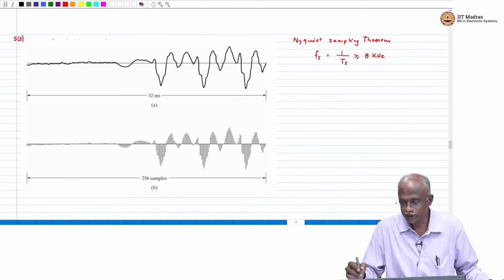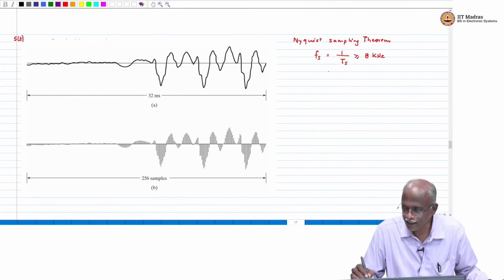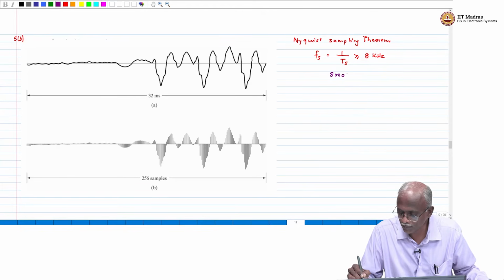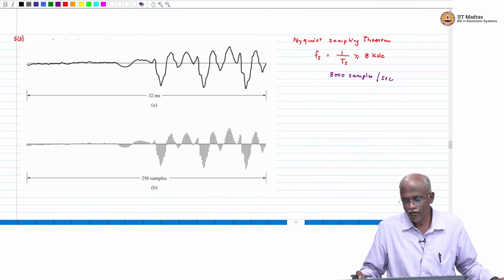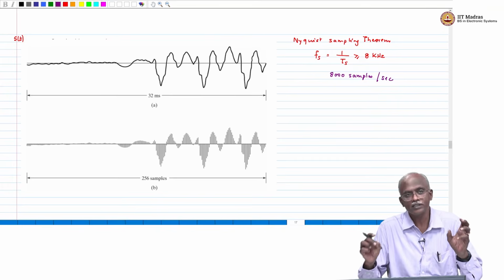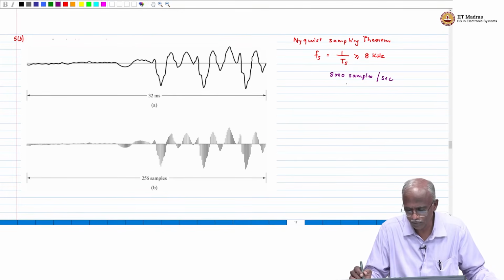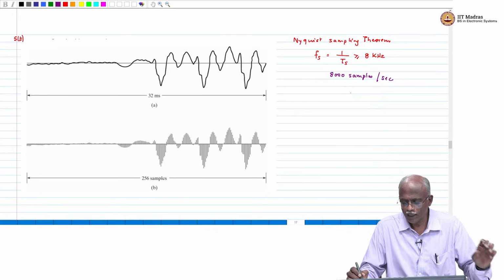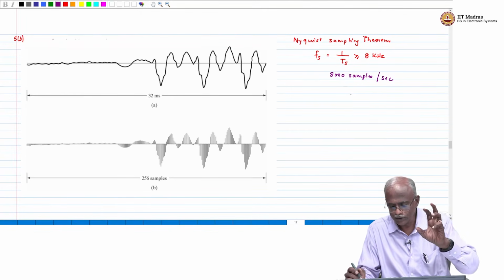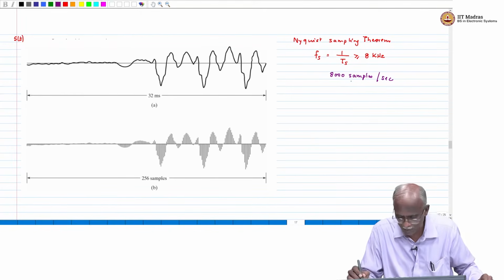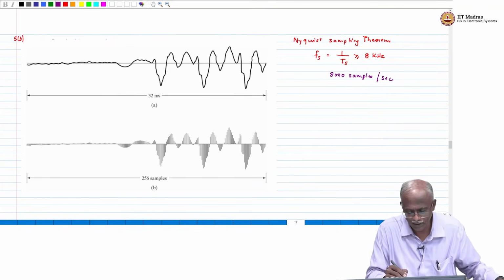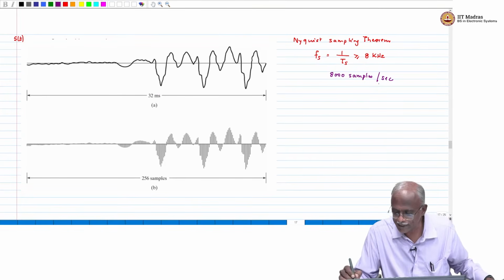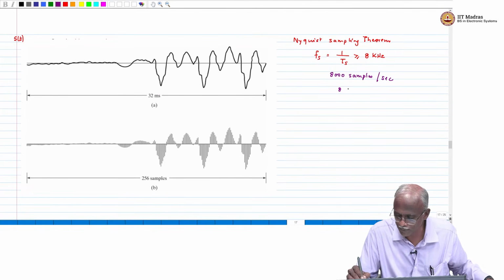This is the same as saying you must sample at least at 8,000 samples per second. So this is what we want to recognize. If it is 8,000 samples per second, then in 1 millisecond, this is the same as saying 8 samples per millisecond.